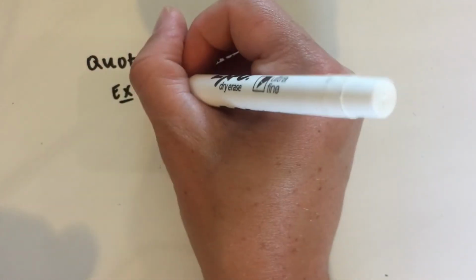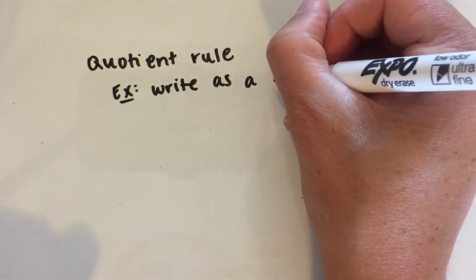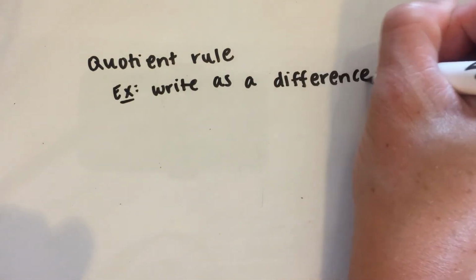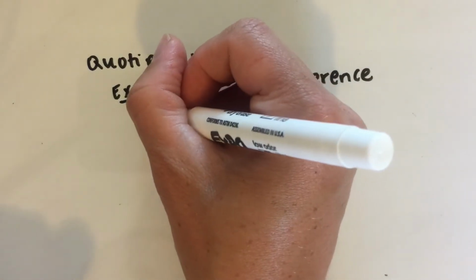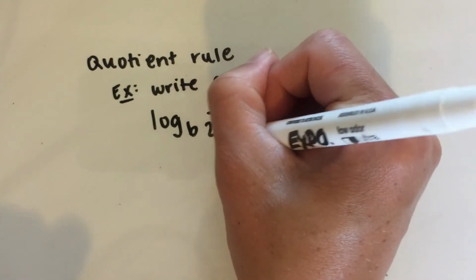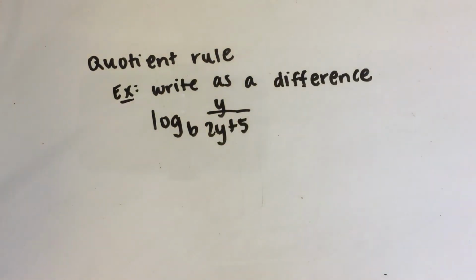Now for a quotient rule example, we want to write this log as a difference. So we start with log base b of y divided by 2y plus 5.